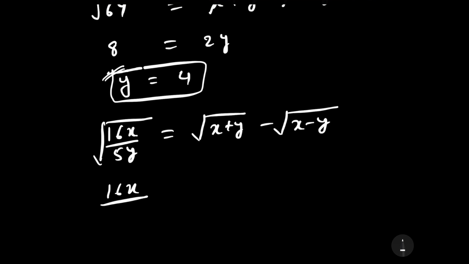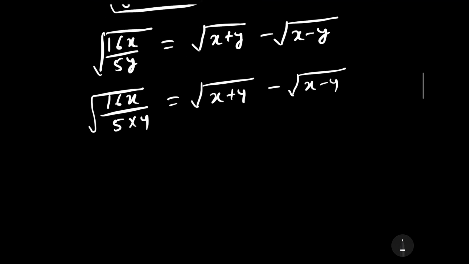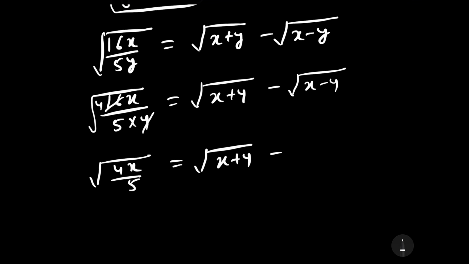Square root of 16x divided by 5 into 4 is equal to square root of x plus 4 minus square root of x minus 4. Further, this can be written as 4x upon 5 is equal to square root of x plus 4 minus square root of x minus 4. Squaring both sides.